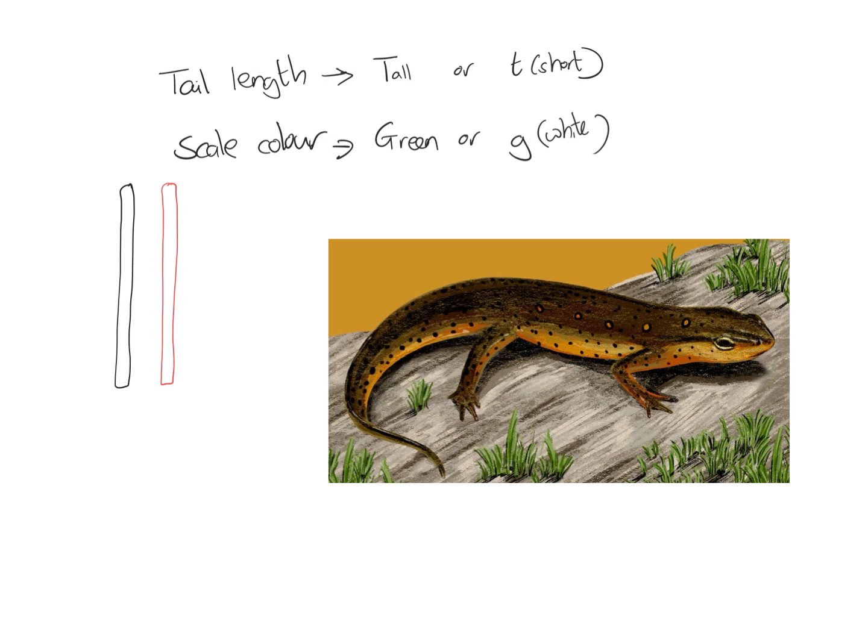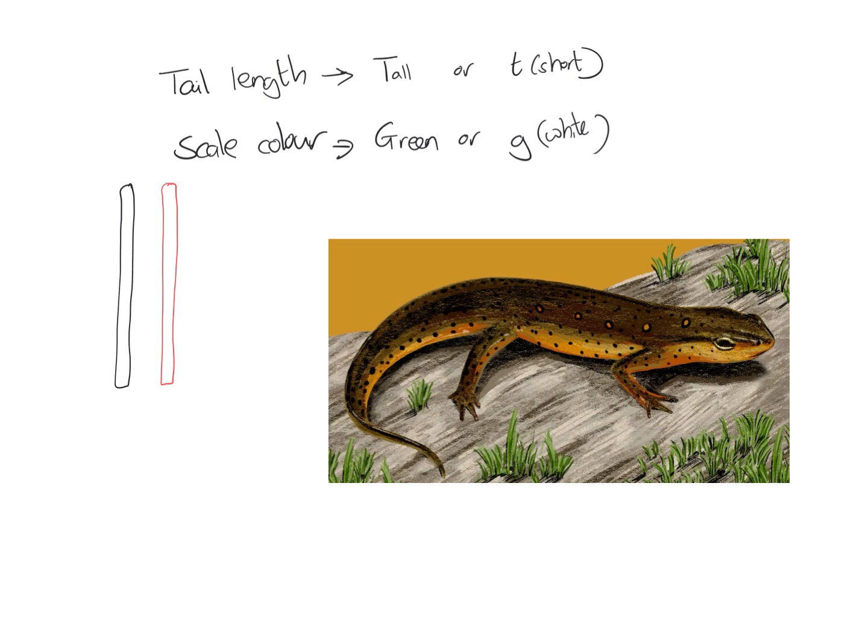The inheritance of tail length in these particular types of newts is monohybrid. It is determined by a single gene that decides, is the tail going to be long or is it going to be short? The inheritance of scale colour is also monohybrid. It's determined by a single gene which decides, will the scales be green or will the scales be white?